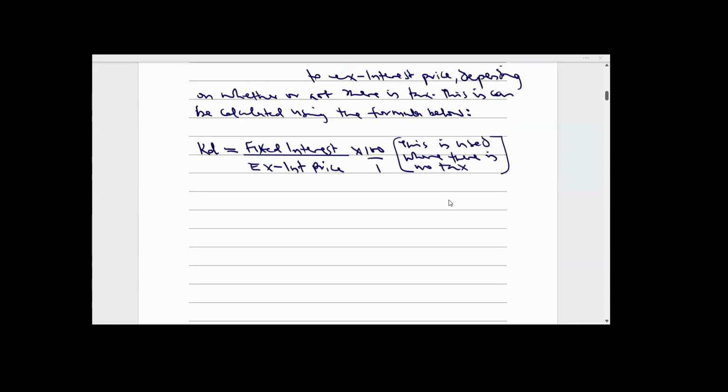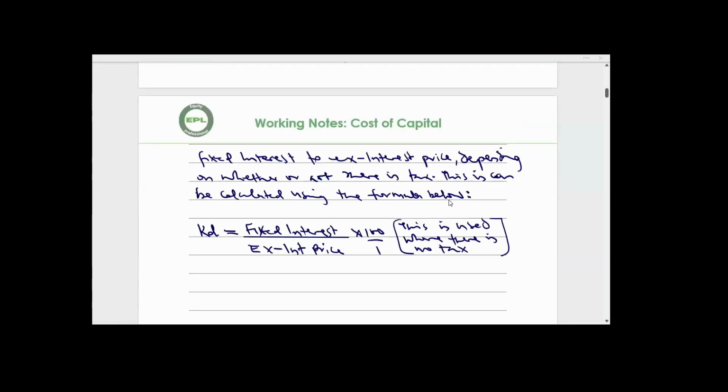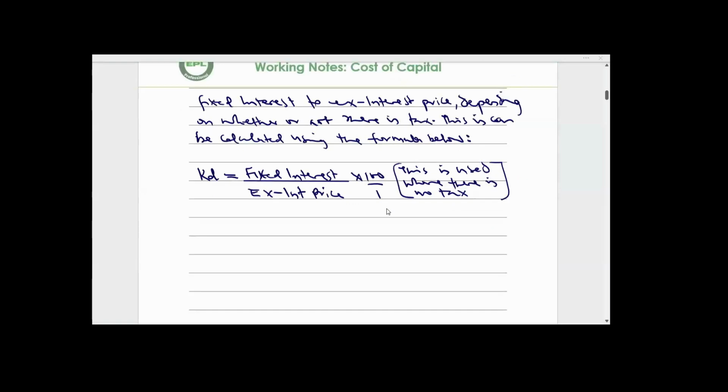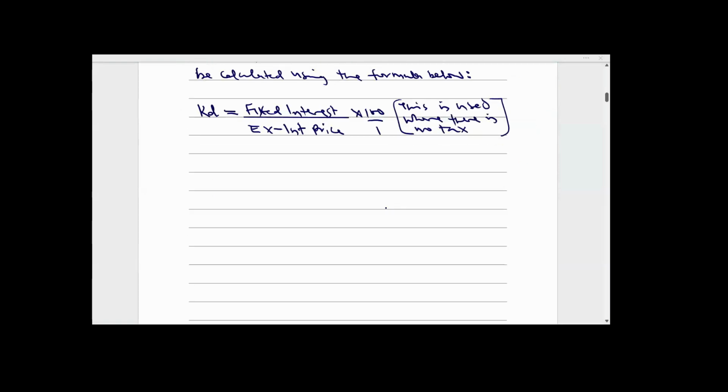Yes, so this is the formula for calculating the cost of irredeemable debts when there is no tax. But where there is tax, then KD will be calculated as fixed interest multiplied by 1 minus tax, divided by ex-interest price, multiplied by 100 over 1.